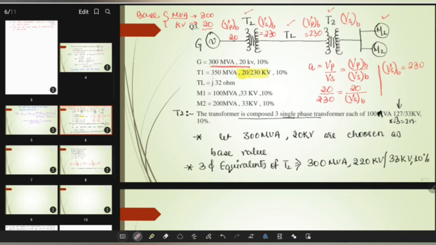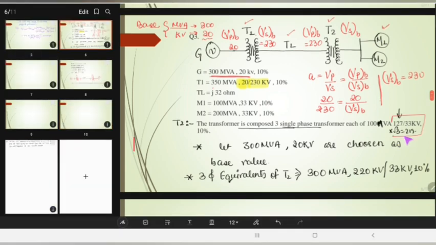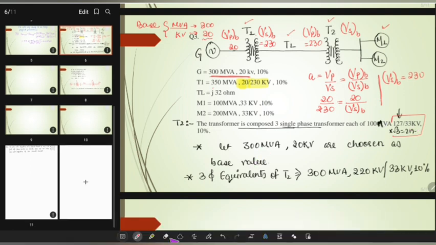Okay, so what is the Vp by Vs here? See, Vp by Vs, Vp is 219 or 220, Vs is 33. So in this equation, Vp is for transformer T2, Vp is 220.